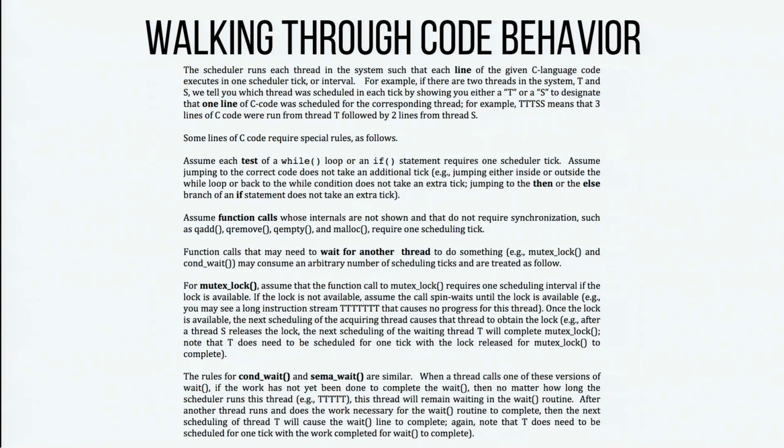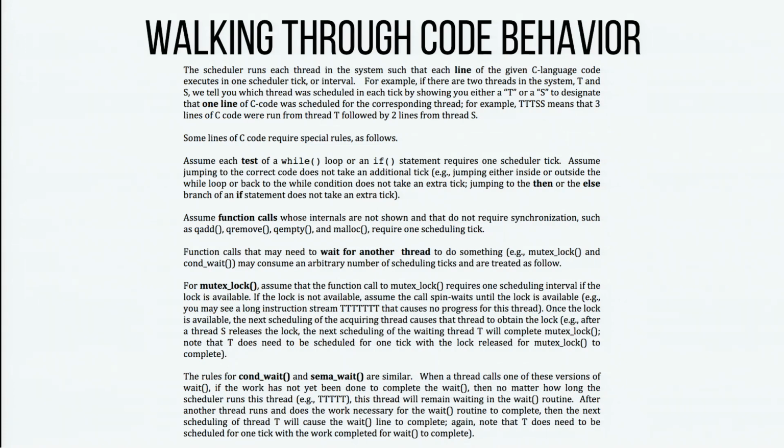This is the exact same text that is in the practice exams, and it will be the same text that will be on your exam. And then there are also some rules for what you should do on the condition wait and the semaphore wait. For semaphore wait, if it's ready to go, if the semaphore is greater than 0, then it just takes 1 timer tick.